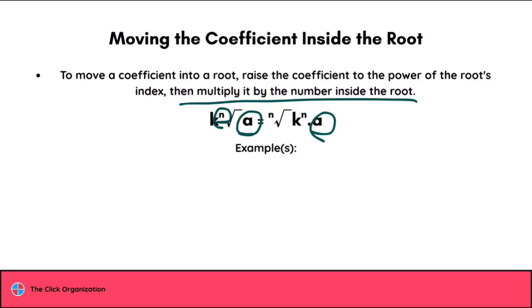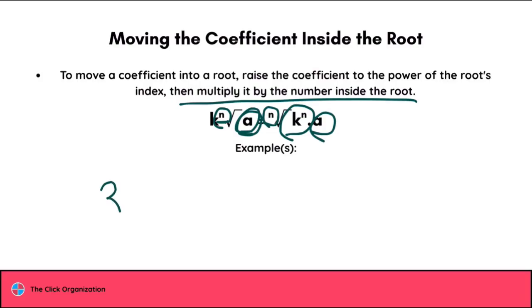So we should raise our coefficient to the power of the root's index, which is n in here. So k to the power of n, then multiplied by the number inside the root. In here I have a as the number inside my root, so I will multiply k to the power of n by a.